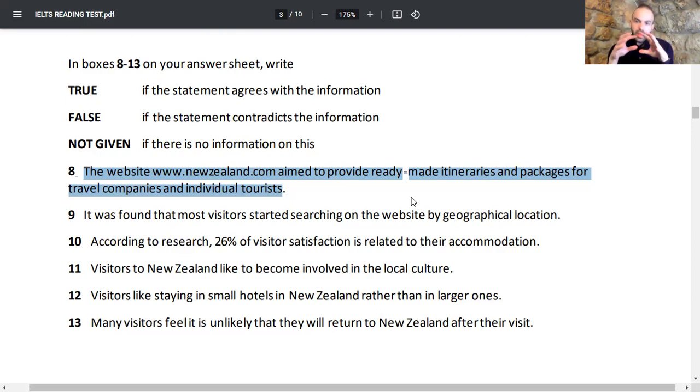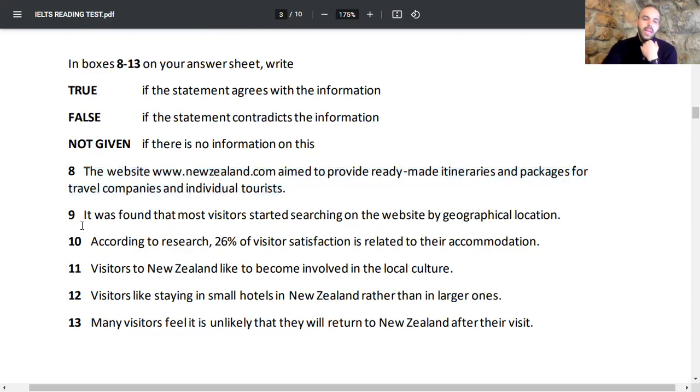And if you feel that the context of the sentence is actually present in the text, however, the information in the text contradicts the one in here, then it's false. If you feel like the overall topic of the sentence is not present at all, or is not found at all in the text, then it's not given, okay? So try to differentiate between true, false, not given. So it's about understanding the overall topic of the sentence, underlining the keywords to be able to spot it in the text.